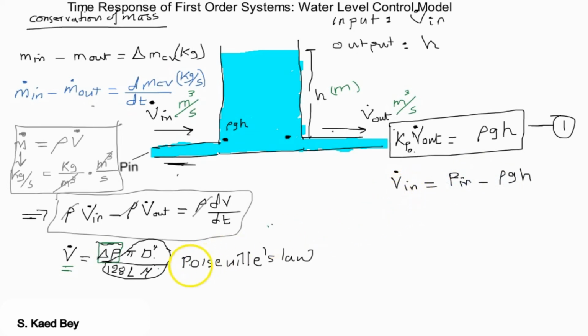And as we did before, if we assume the other coefficients are represented as Kb in this case, we obtain a second equation.